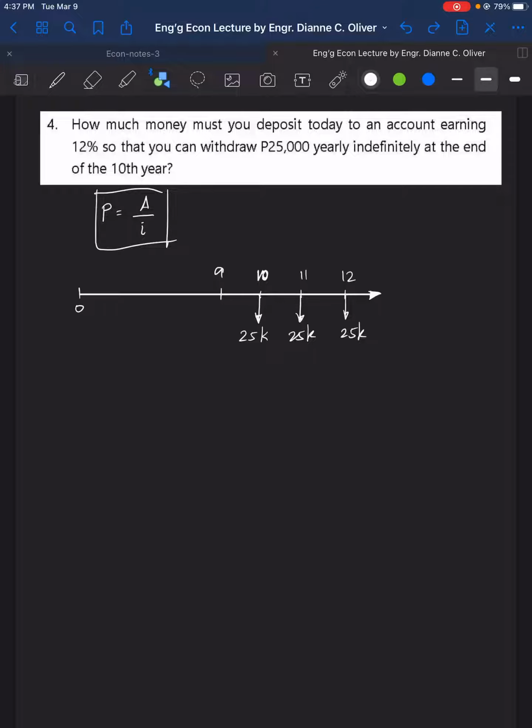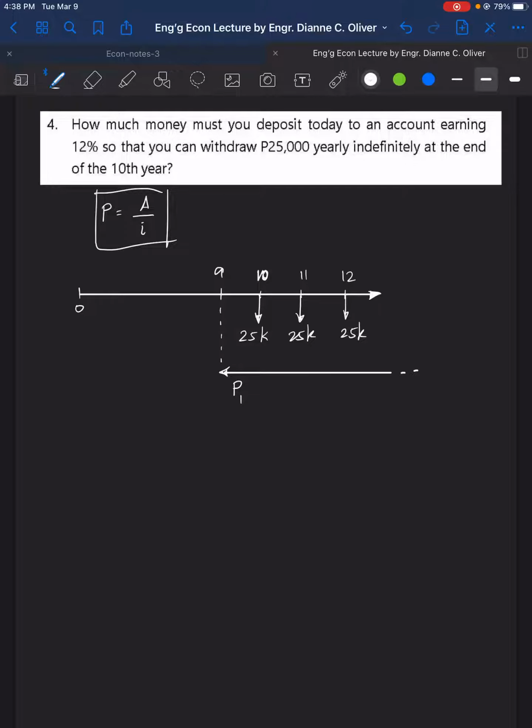So let's take here from the indefinite period up to here. We will be taking the present, considering all the yearly payments of 25K. Let's have the present at the beginning of the withdrawal period, and let's put this as present 1.